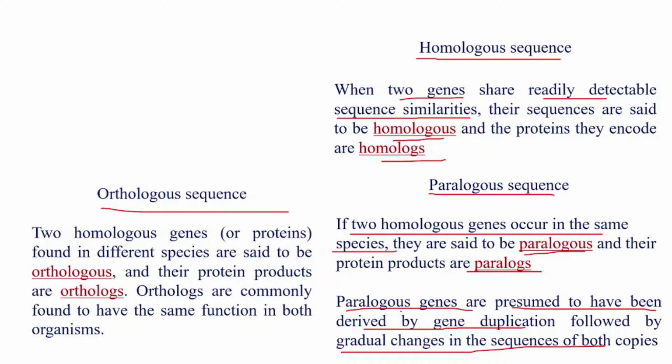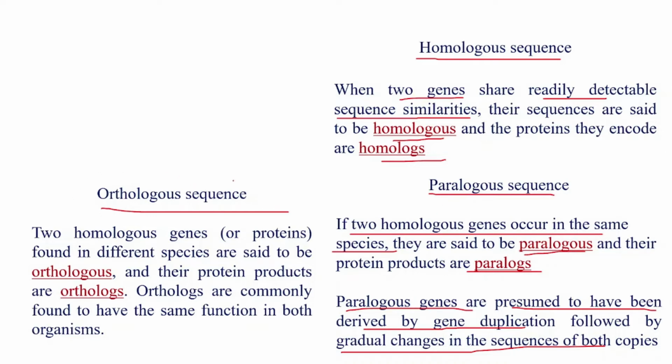Suppose one gene was accidentally duplicated in the genome, so the two genes become paralogous. Slowly, the two genes undergo mutation, so gradual changes in the sequence of both genes take place. The two genes are similar in sequence, but they may have different functions. So this is about paralogous sequence.